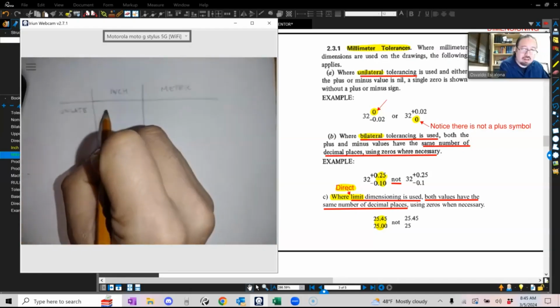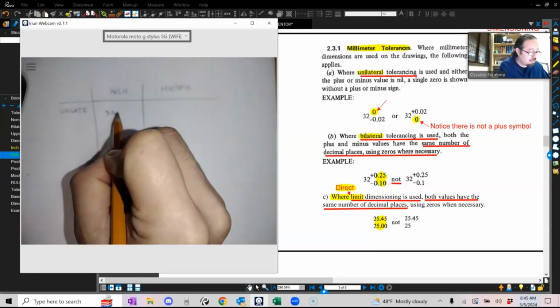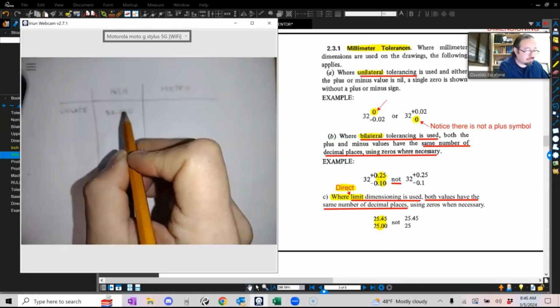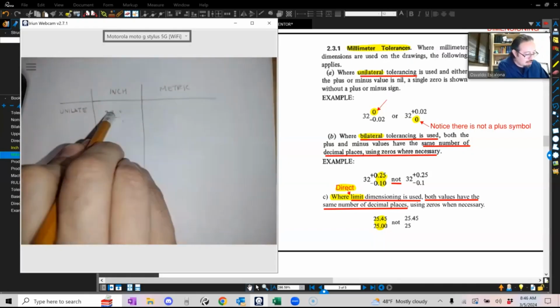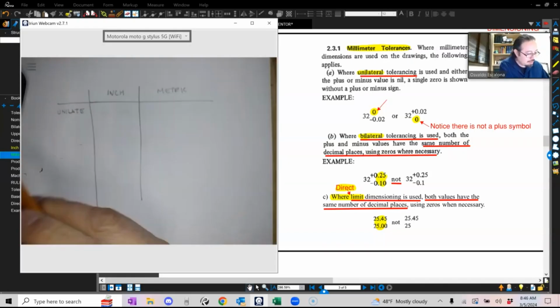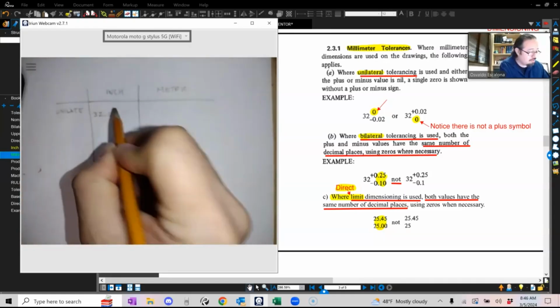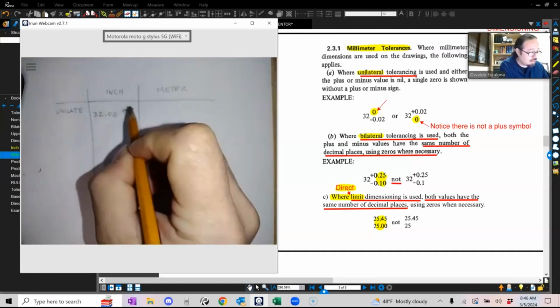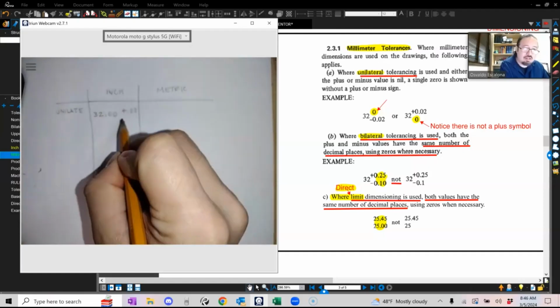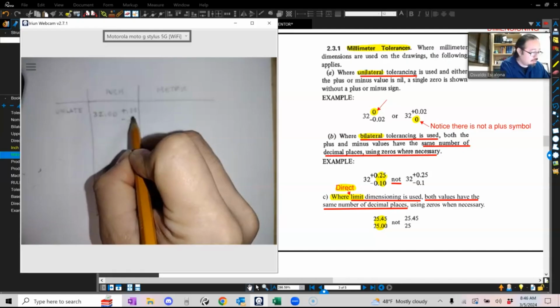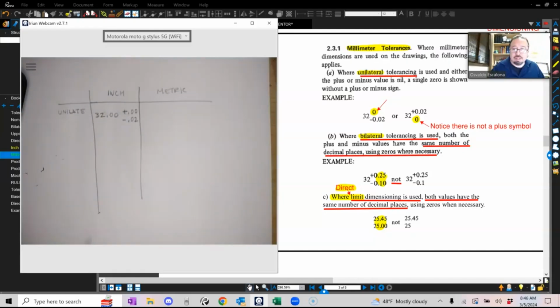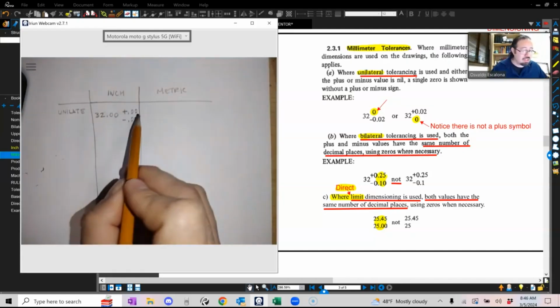If I were to do unilateral, I will do 32.00 plus 0.00 minus 0.02, right? That will be the inch. 2 decimal places here, 2 decimal places here and there.